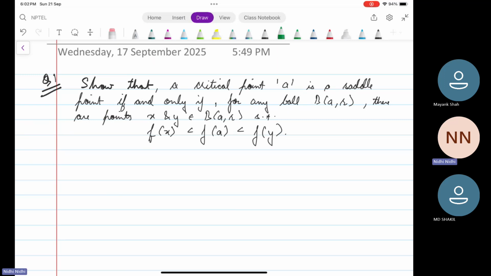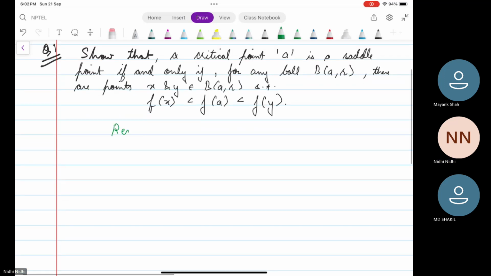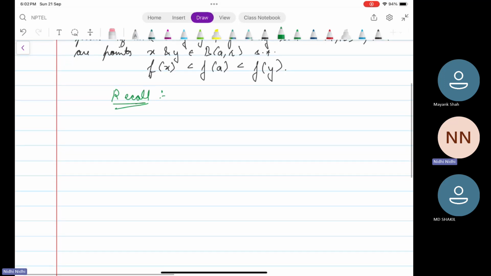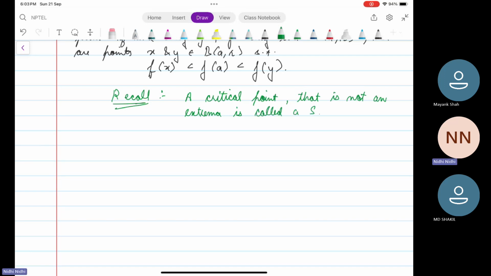So let's recall that a critical point that is not an extremum is called a saddle point.